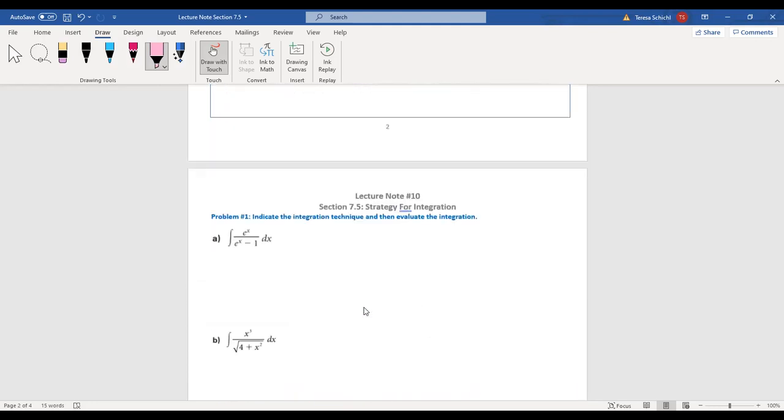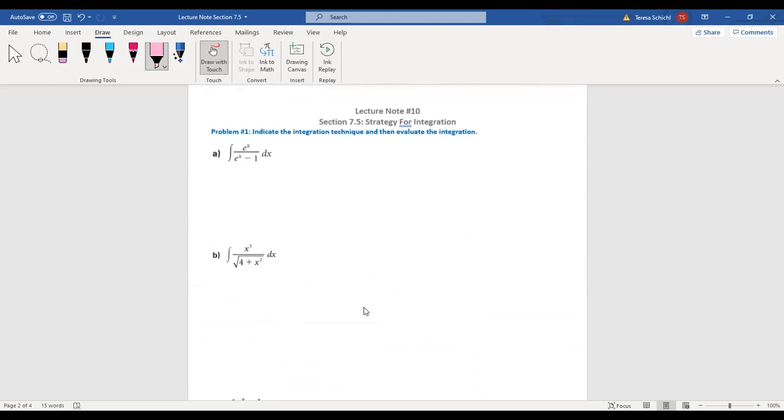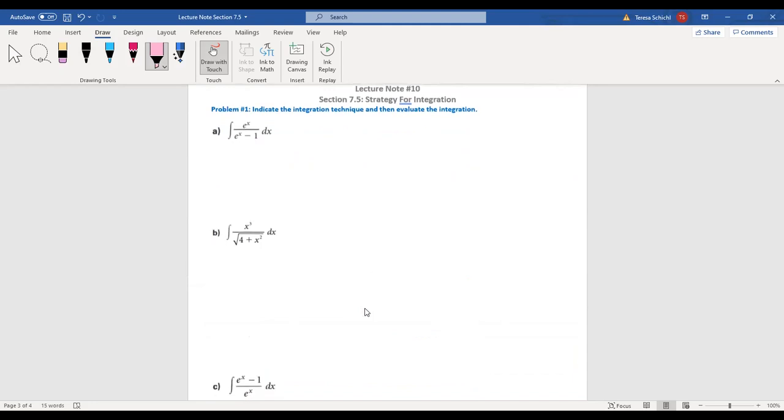Okay, so now this is the fun part. That's why integration is really more fun than the derivative, because with derivatives, I always say, it doesn't matter how complicated your function is, if you are patient enough, you can get the answer. If your algebra is good enough, you can get the answer, right?